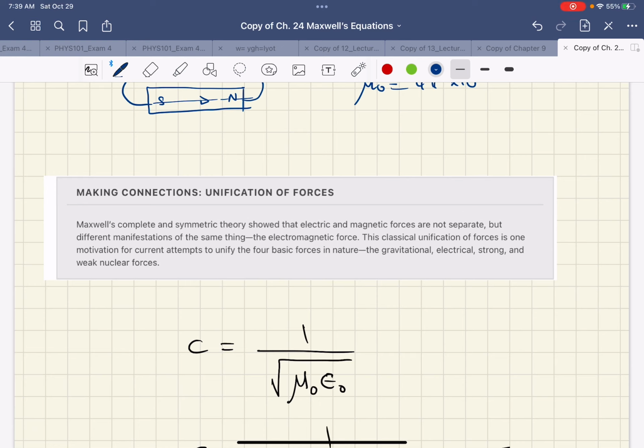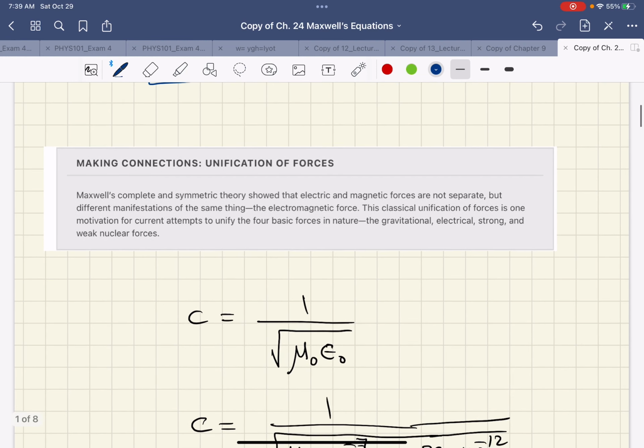They are really the same thing, showing two different faces of the same electromagnetic force. And the classical unification of forces is one motivation for current attempts to unify all four forces into one force: the gravitational force, the electrical force, and also the strong and weak nuclear forces.